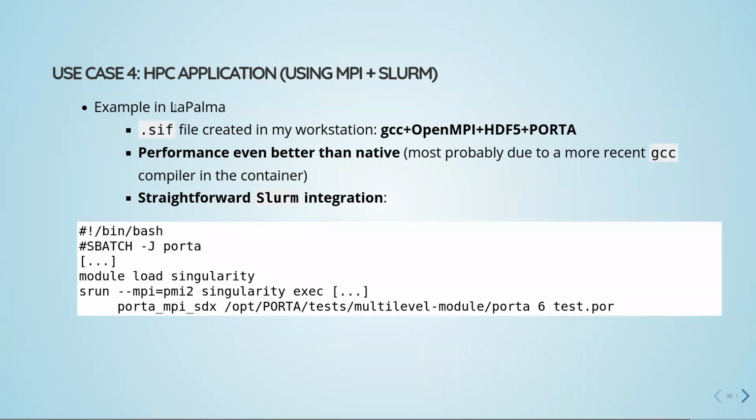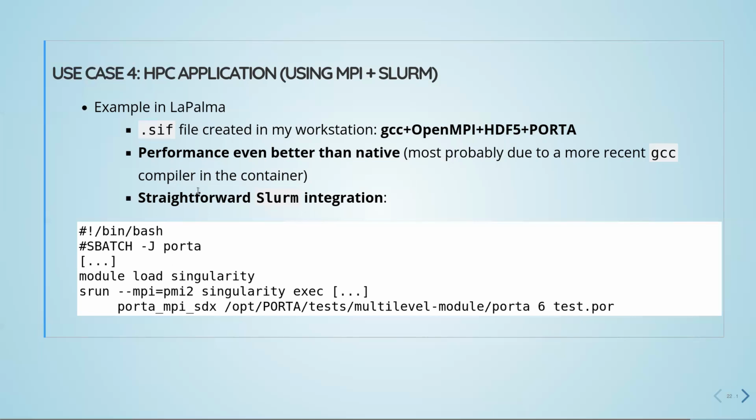I wanted to try in La Palma, and I created a container in my workstation, and I installed a particular version of GCC, OpenMPI, the HDF5 library, and also our code Porta, and I can run it in La Palma very easily. Actually, as I wrote here, the performance in this case was even better than when I installed it natively in La Palma, probably just because I had a more recent GCC compiler inside the container.